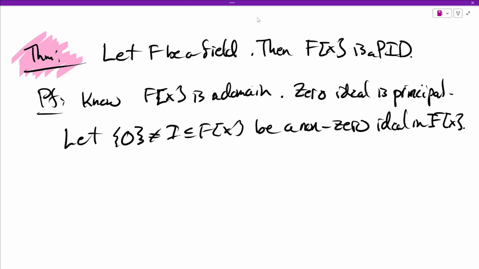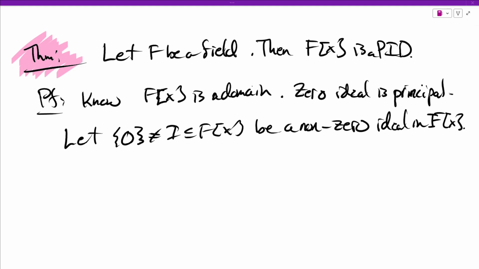Okay, so if the previous argument, if the previous sort of guide is to be believed, we should somehow look for a smallest element, and then we should try to apply the division algorithm. So what should a smallest element be here? Well, the division algorithm for polynomials is an algorithm about degree.